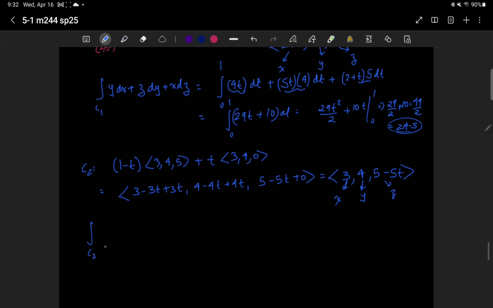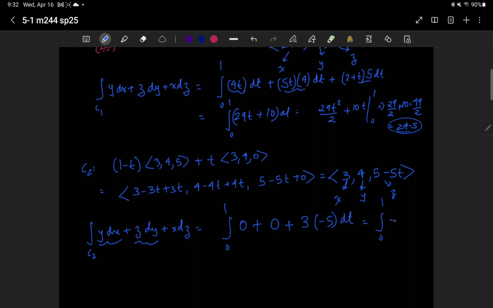So over C2, y dx plus z dy plus x dz is the integral from 0 to 1. This will be 0, and this will be 0 because x and y are constant. And this will be 3 and dz is negative 5.